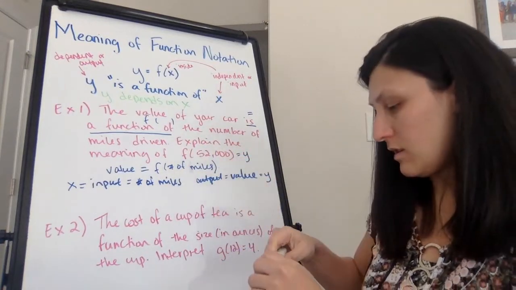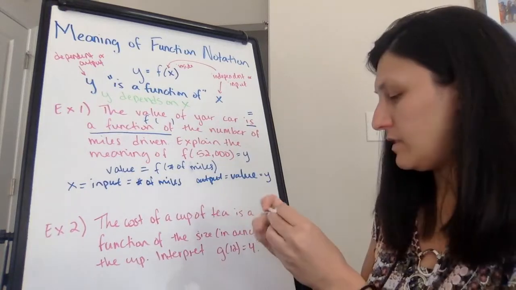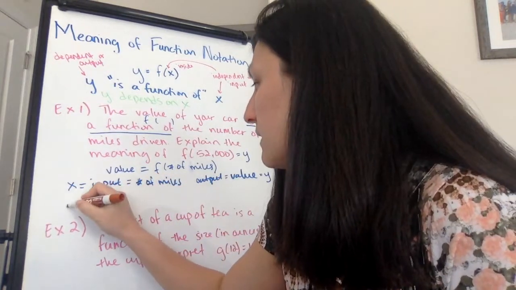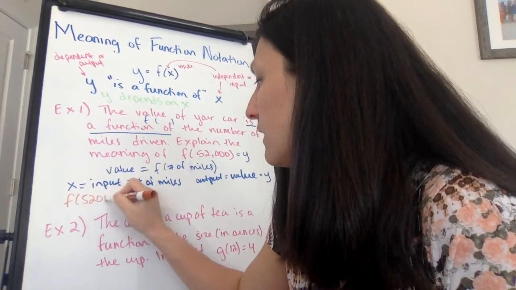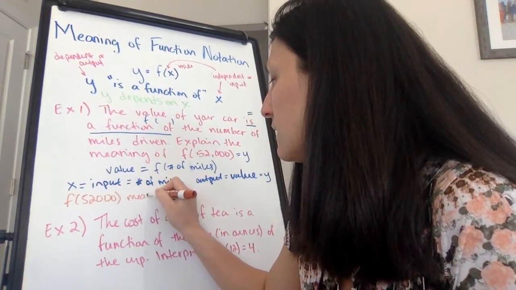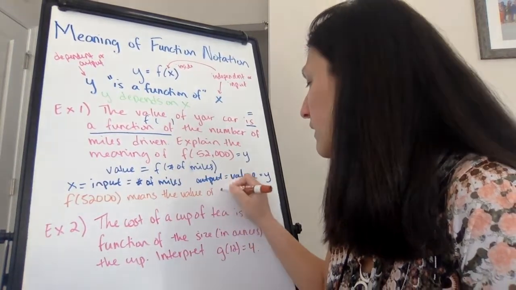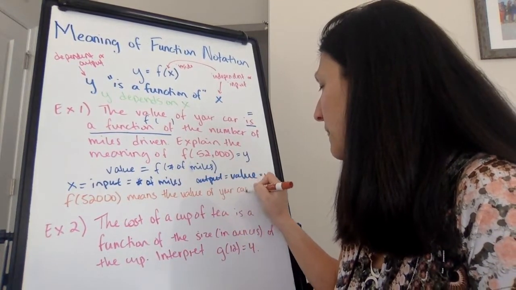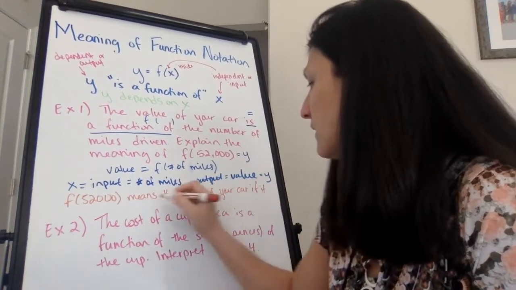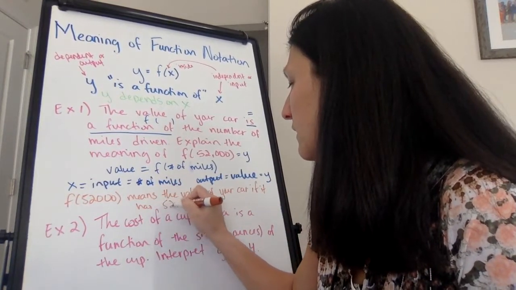Let's put that in another color. f of 52,000 means the value of your car if it has 52,000 miles on it.